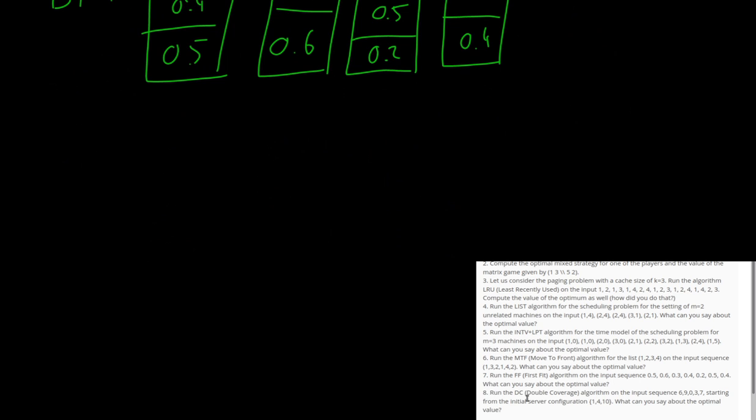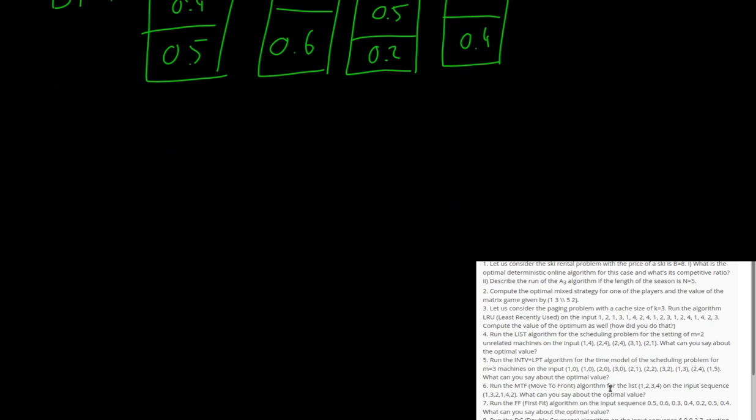And for the next possible task, you will see that in the sample there is the so-called double coverage algorithm, which is for the K-server problem, but you won't have such an exercise in the test. You will have another one which will be either the next fit shelf algorithm or the harmonic.